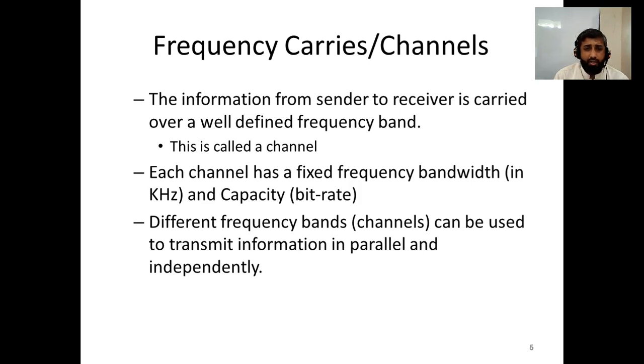Whatever signal we transmit through free space is confined to a specific frequency. Generally, we have a well-defined frequency band which is available for a sender to transmit its data or voice. That particular frequency band is typically known as a channel in wireless communication systems.